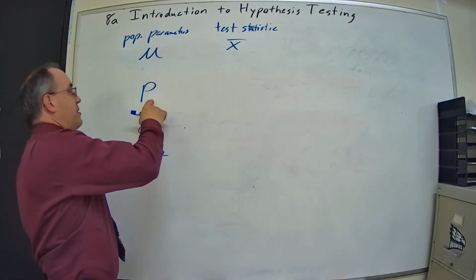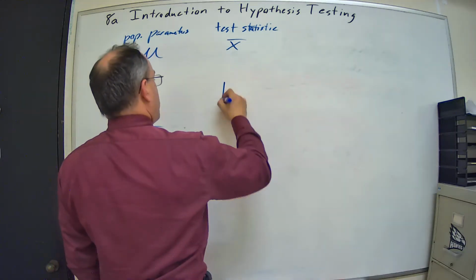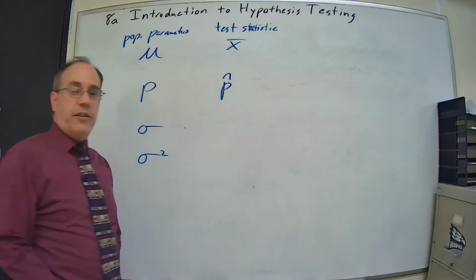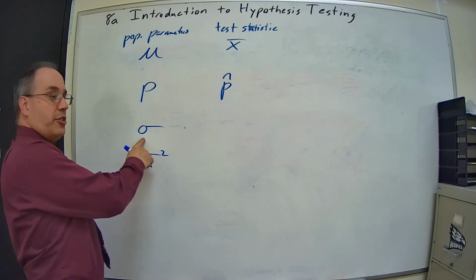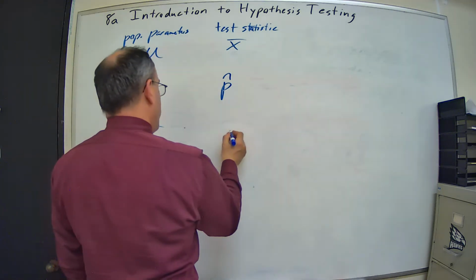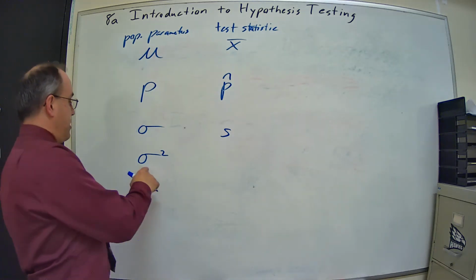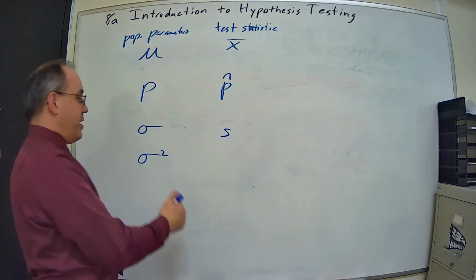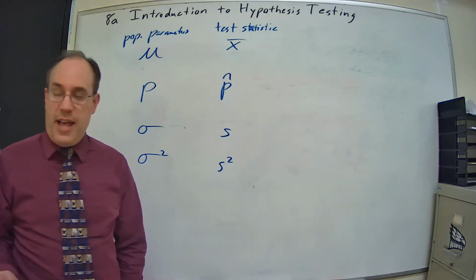If we're trying to test a claim about a population proportion, we're going to use a sample proportion to test it. If we're testing a claim about a population standard deviation, we'll use the sample standard deviation to test that. And if we're testing a claim about the population variance, we would use the sample variance to test that.